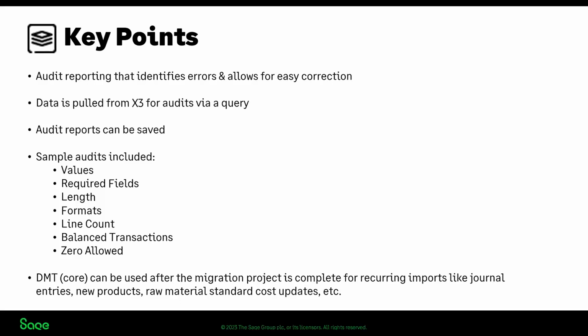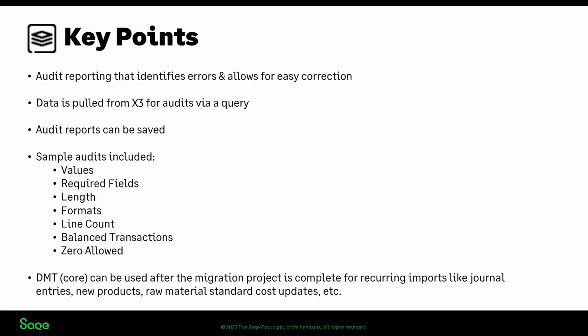Some other key points, if you haven't seen the tool before: it includes auditing capabilities. This allows for error tracking or detection before you attempt to do the import into X3. It does use the standard importing templates of X3, but we tried to do all the transformation work within the Excel tool.